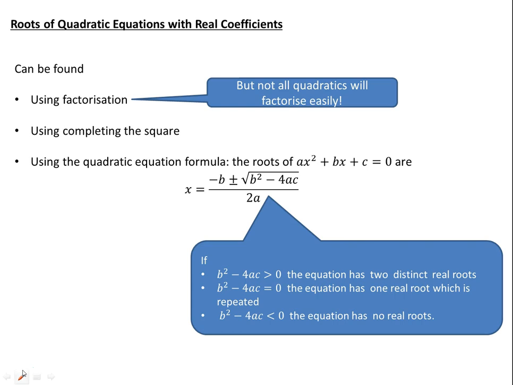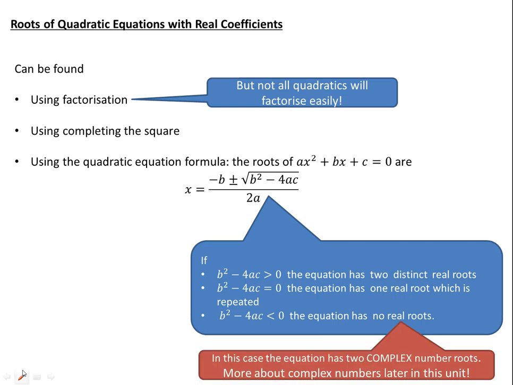If b squared minus 4ac equals 0, the equation has one real root, which is repeated. And if b squared minus 4ac is less than 0, the equation has no real roots, but it does have two complex number roots.